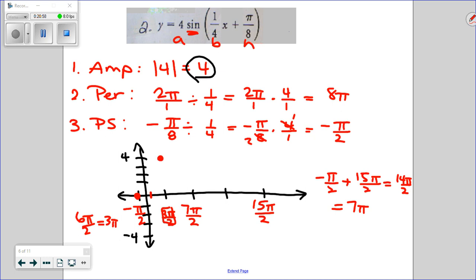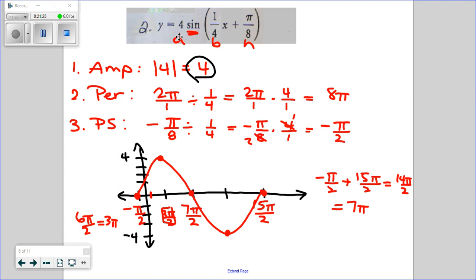It's going to go up to 4, back to 0, down to -4, and then back to 0. And you end up, again, with that one period of sine. And again, I'm only asking you to sketch one period, but if you were to repeat this one period, then you would see the wave for the graph of sine.